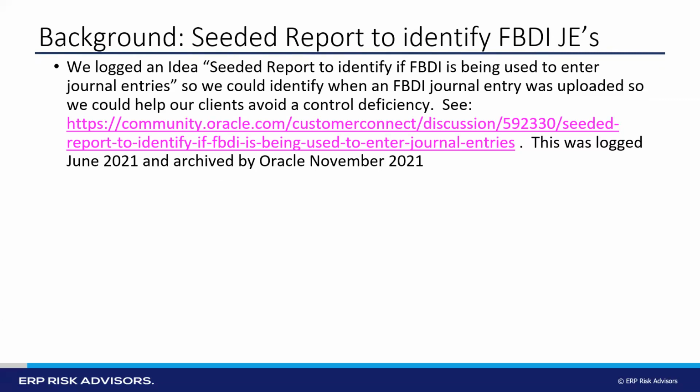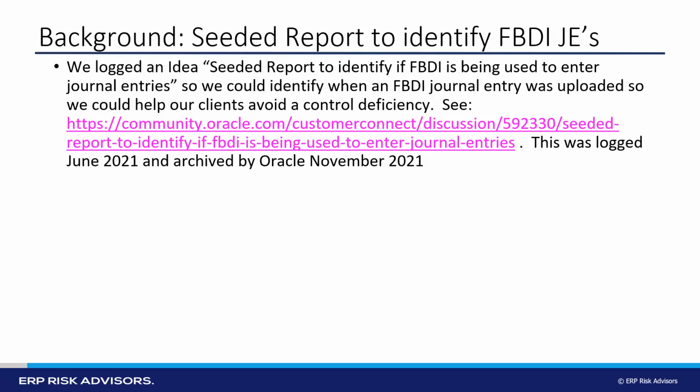So our goal in having the data of identifying if somebody had used the FBDI ability to do journal entries was to help management provide an analysis to the auditors that it has or hasn't been used.